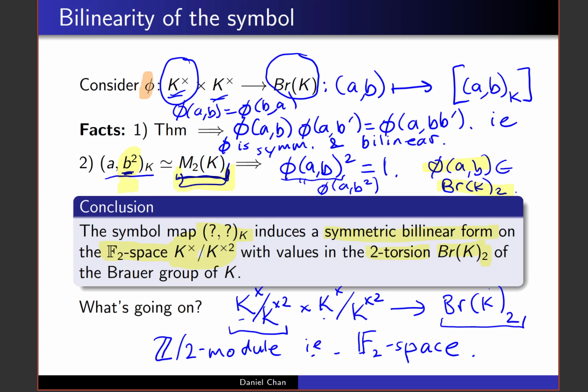So basically, working over the field with 2 elements, you have a bilinear map from this F2 vector space here to this vector space over F2 here. Okay, and that's a bilinear map. So this is going to be very, very important to study arithmetic of the field K.